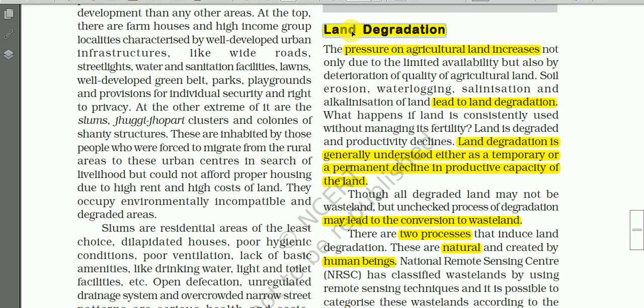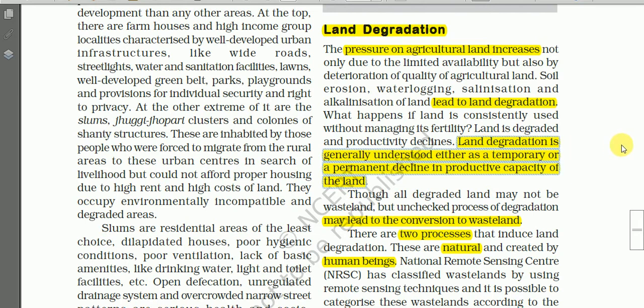Land degradation. So this is another environmental issue or problem. Now let us read what is land degradation, and what are the important causes of land degradation. Here the meaning of land degradation is given.